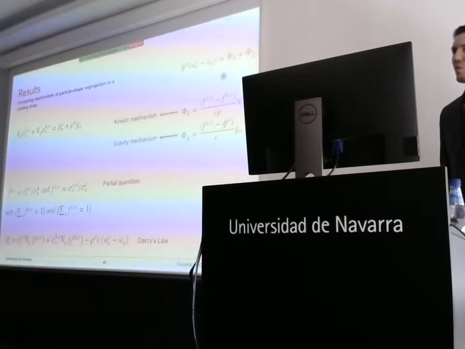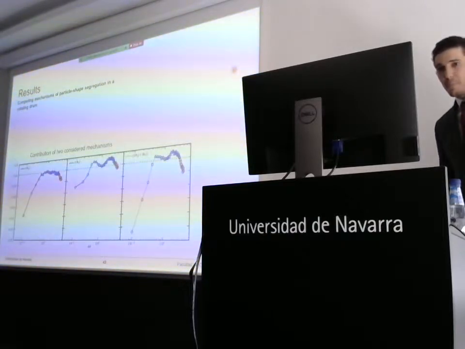Another thing we can see is that if we have particles that are contact overstressed with respect to the volume fraction that the particles are occupying, we will have a segregation flux. And the same for the case where they are more overstressed due to the contact stress than the kinetic stress.